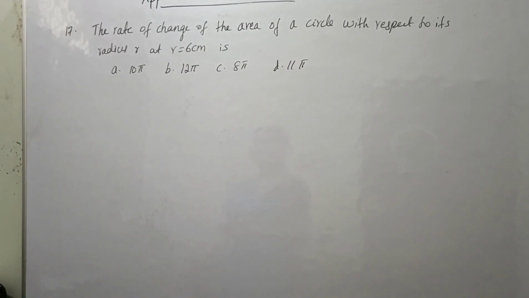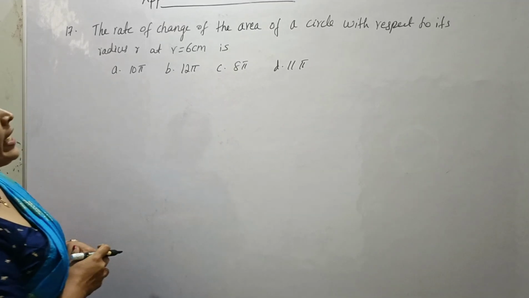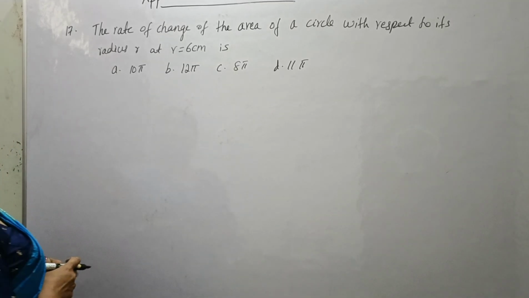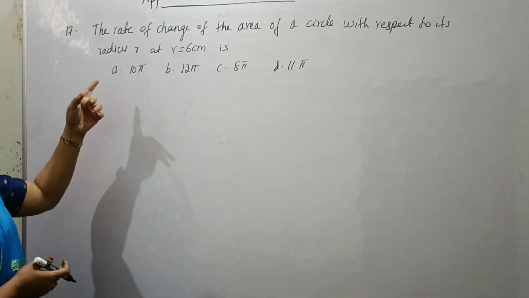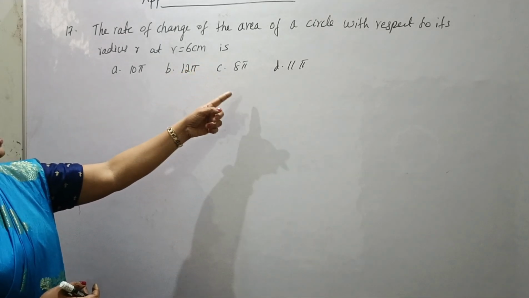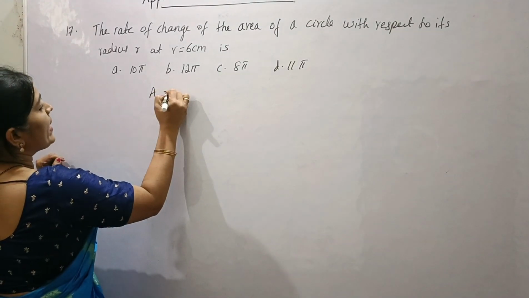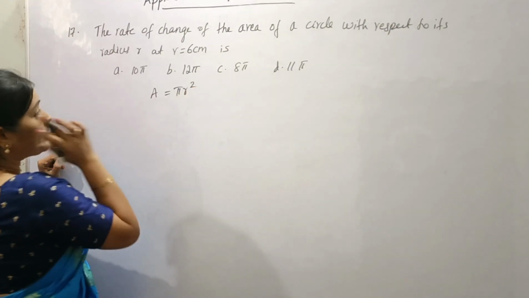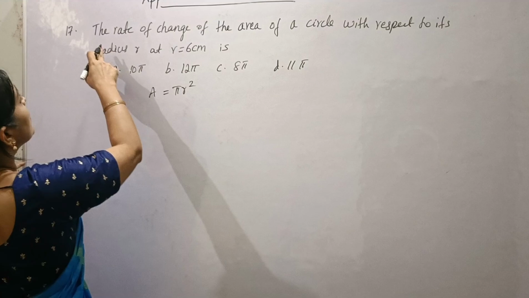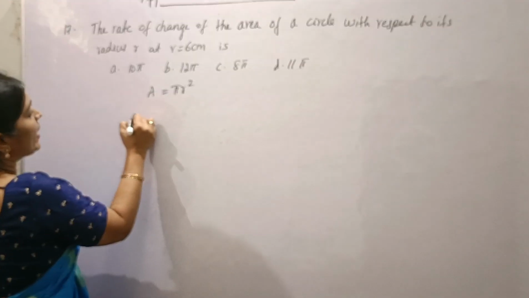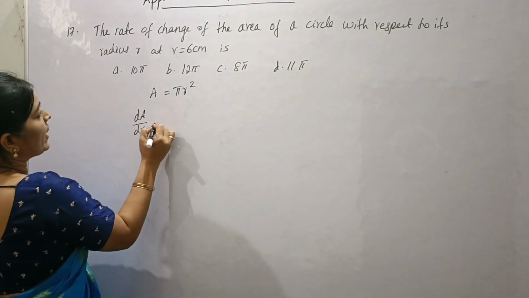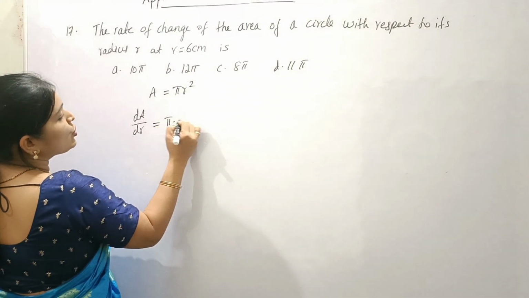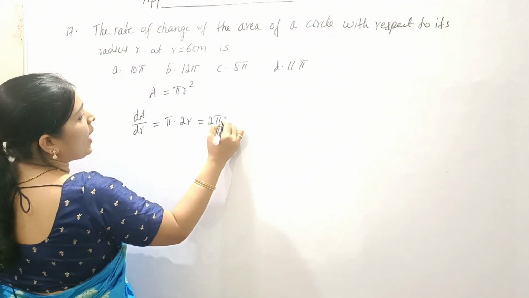Look at the next question. The rate of change of the area of a circle with respect to its radius r at r equal to 6 cm is: options 10 pi, 12 pi, 8 pi, 11 pi. See here, the area of the circle is A is equal to pi r square. Then we have to find the rate of change of area with respect to its radius, dA by dr, that is pi into 2r, that is 2 pi r.